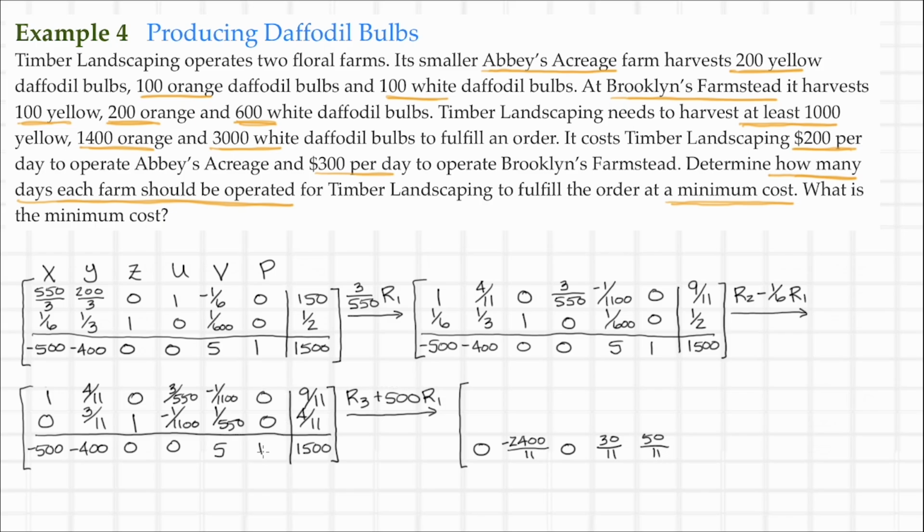0, 0, and we'll bring down our 1. Put it in the vertical bar. The 9 elevenths times 500, that's 4,500 elevenths, and 1,500 plus 4,500 elevenths is 21,000 elevenths. We'll squeeze it in there.